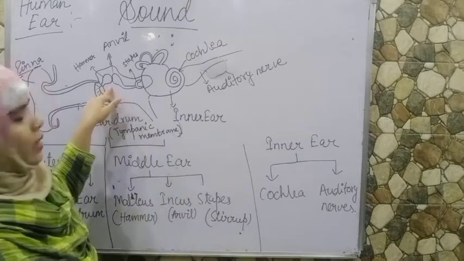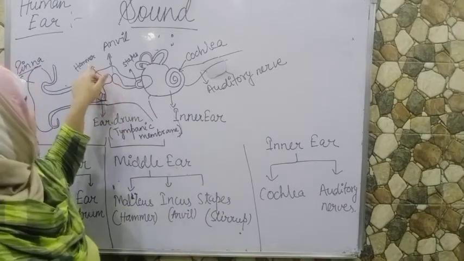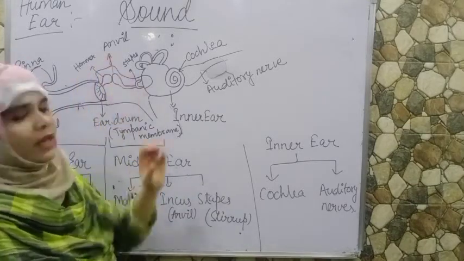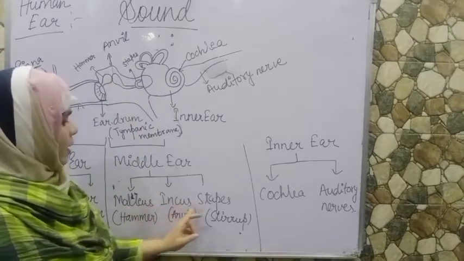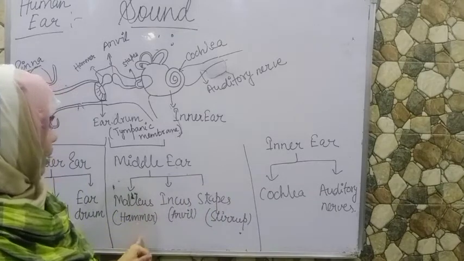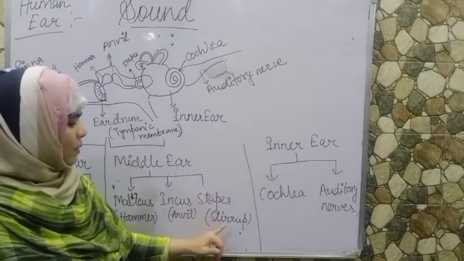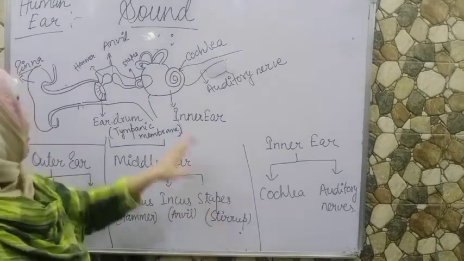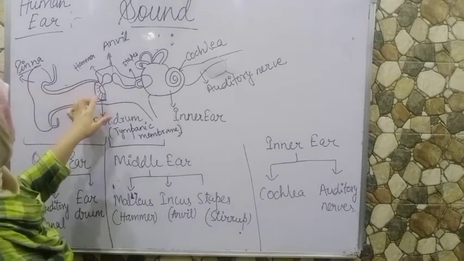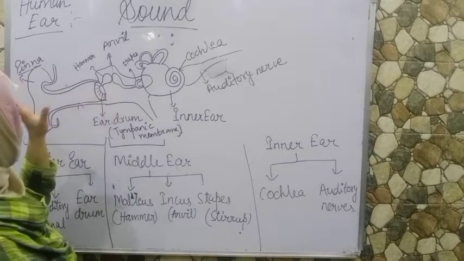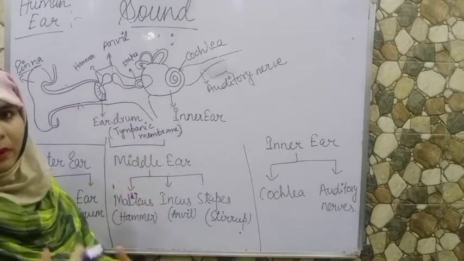See the middle ear? Middle ear has also three parts, that is hammer, anvil and stapes. These are three bones. They are also called malleus, incus, stapes. Malleus is hammer, incus is anvil, stapes is stirrup. Now see, when sound comes to the eardrum it creates vibration.